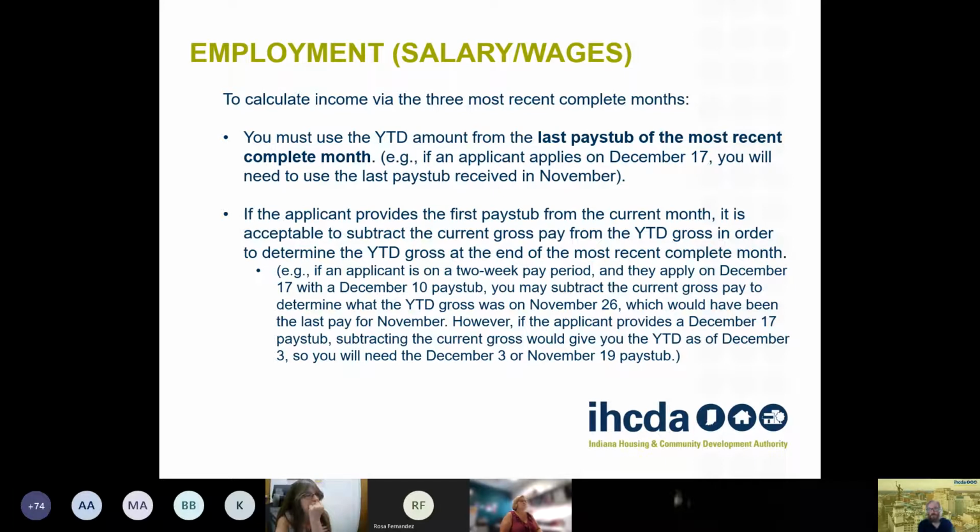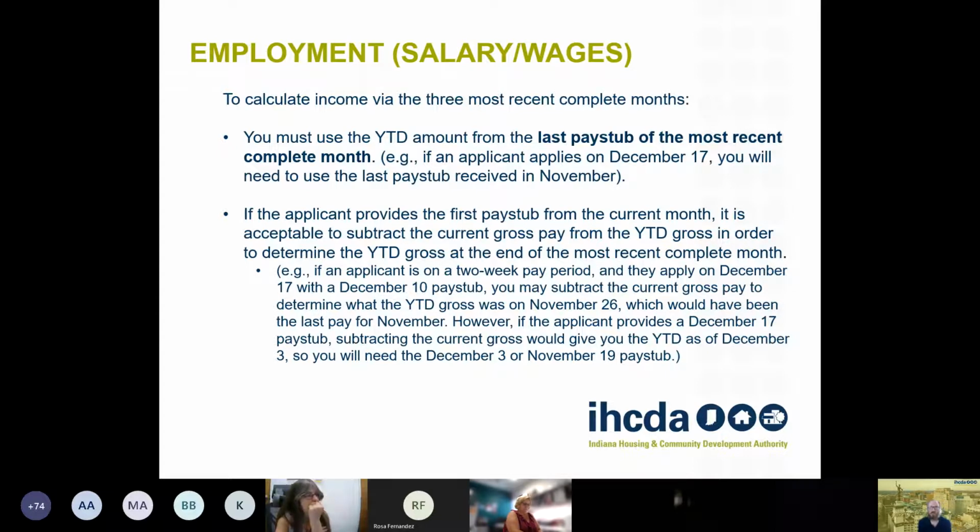However, if they apply on December 17th and what they provide you with is actually a December 17th pay stub, if you subtract the current gross from that year to date, you're still only going to have the year to date gross as of December 3rd. And if they get paid every 2 weeks and they have a December 17th pay, you know they're going to have a December 31st pay.